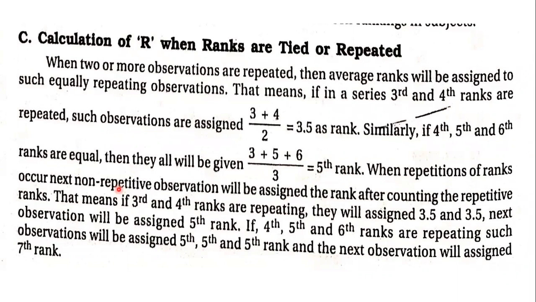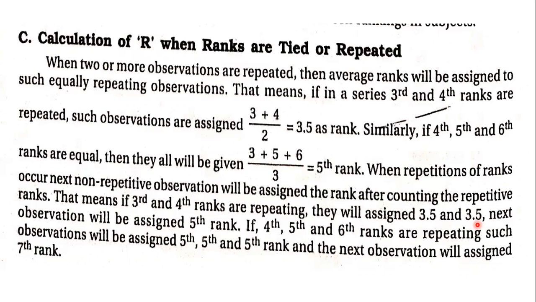When repetition of ranks occurs next to a non-repetitive observation, the next observation will be assigned the rank after counting the repetitive ranks. That means if third and fourth ranks are repeating, they will be assigned 3.5 and 3.5. Did you understand? In the place of third rank and fourth rank, we'll be assigning 3.5 and 3.5.